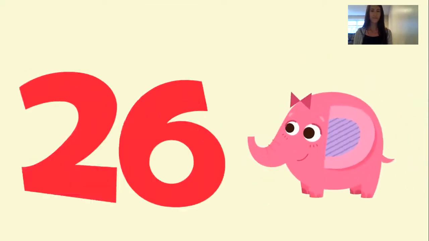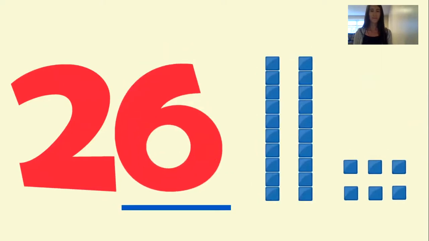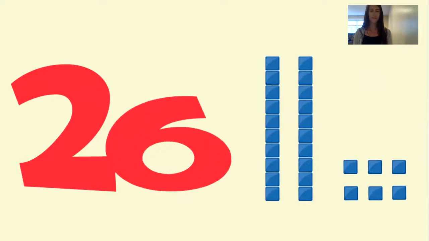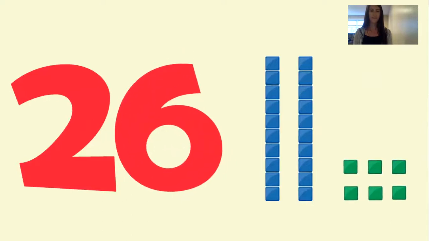In the number 26, the 6 is in the ones place and the 2 is in the tens place. The 6 is worth just 6, which is represented by 6 cubes. The 2 is worth 20 because it is in the tens place and is represented by the 2 long tens blocks.